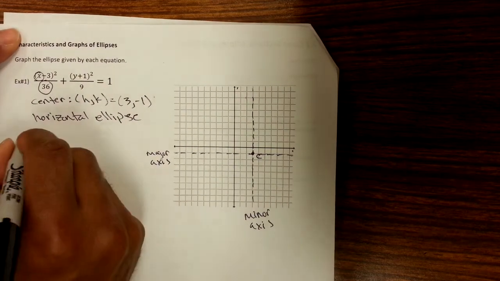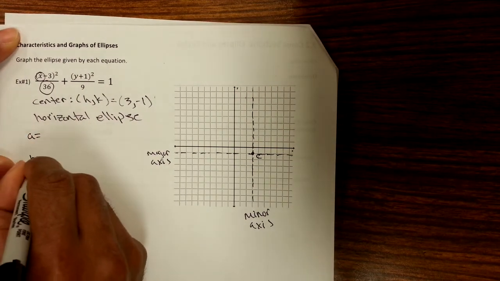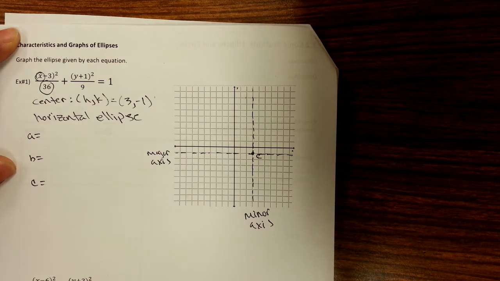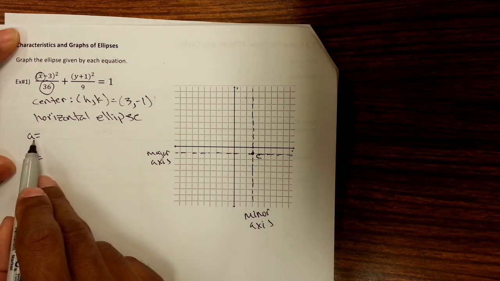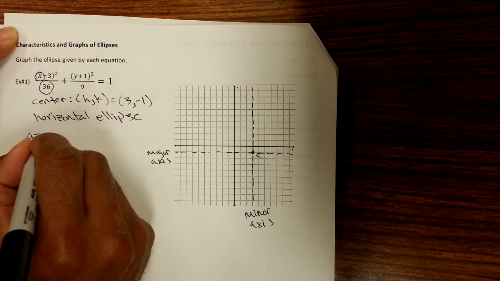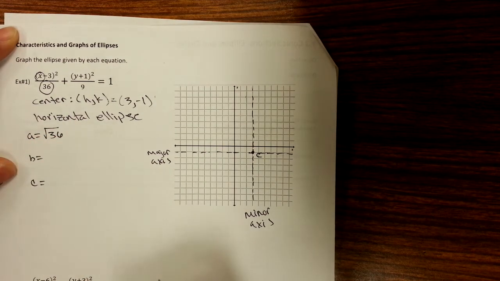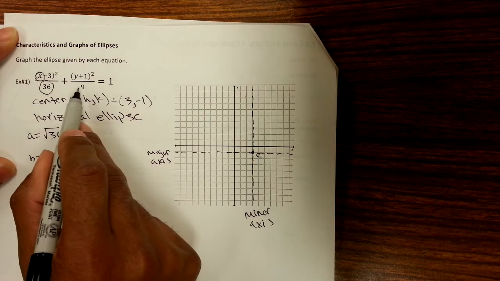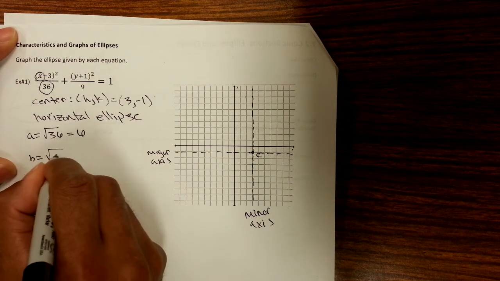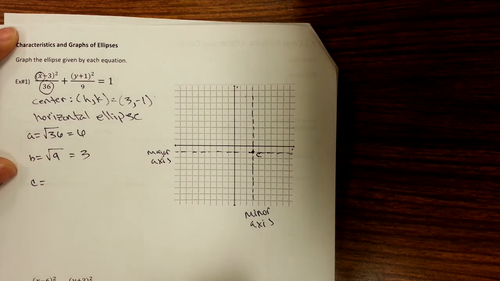The way we're going to do that is we're going to need to get our A value, our B value, and our C value. Our A value is the square root of the larger denominator, so the square root of 36, which is 6. Our B value is the square root of the smaller denominator. Square root of 9 is 3.